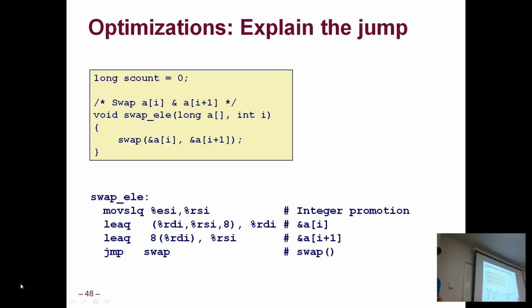Yeah. So does that mean a new stack frame doesn't have to be created? A stack frame does get created for swap, only if swap calls... No, I take that back. You're right. There is no stack frame that gets created for swap.